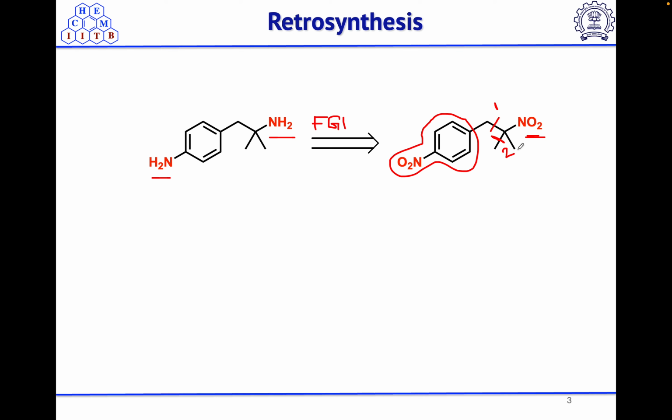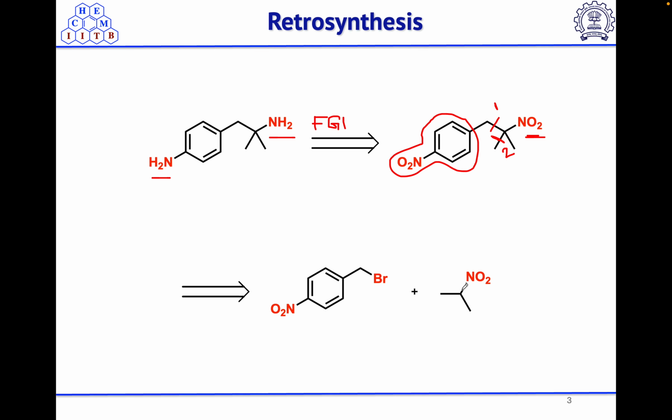So I guess the first one is more favorable because this will be the symmetrical nitro compound, and that we can prepare easily. So in this first retrosynthetic arrow, we have got these electrophiles and this nucleophile.